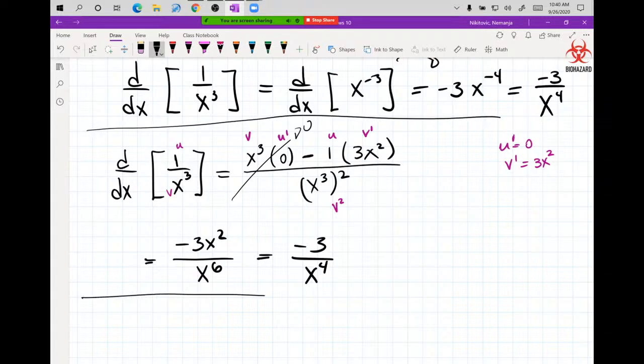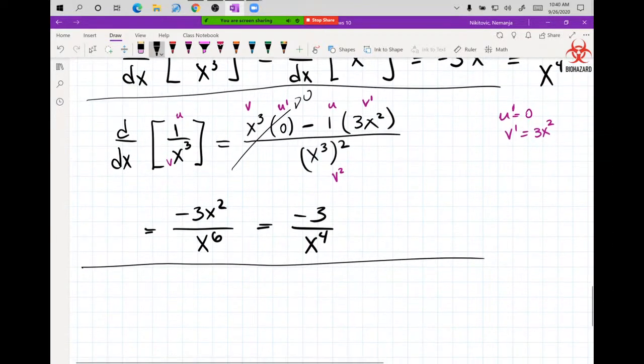So there is no reason to use this in that question, but there are many other questions where you absolutely need a quotient rule to help you through, because the functions are not compatible.